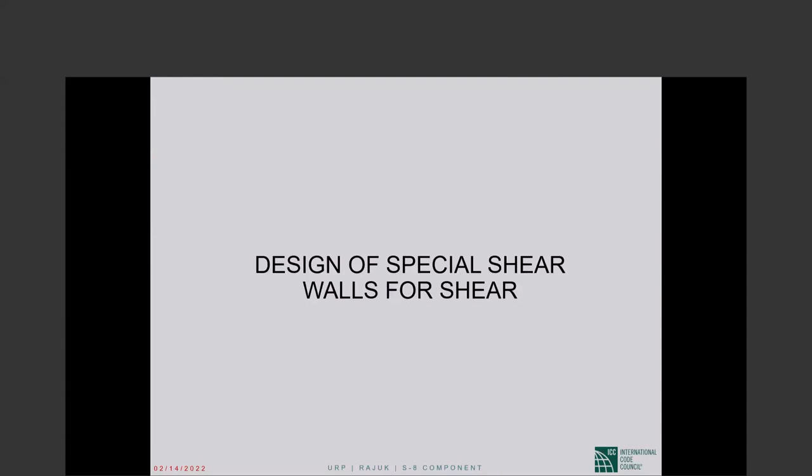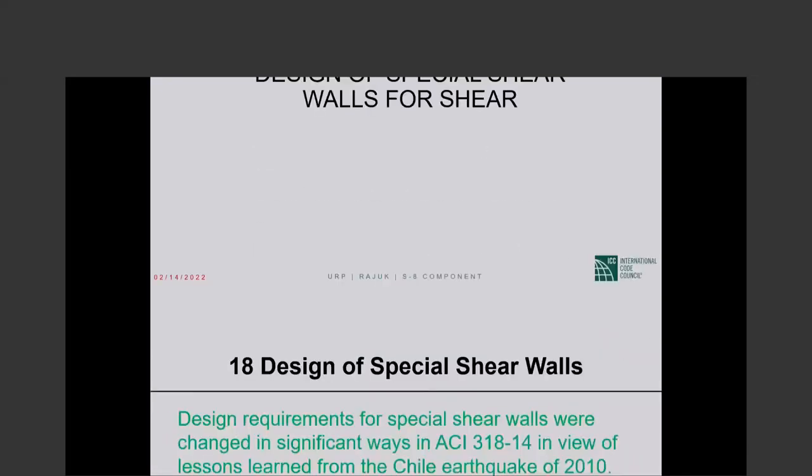We cannot design separately for flexure and for axial load. It's combined flexure and axial load, and the shear design is done separately. Typically, we would do the shear design first in the case of a shear wall, and then go into the flexural design.